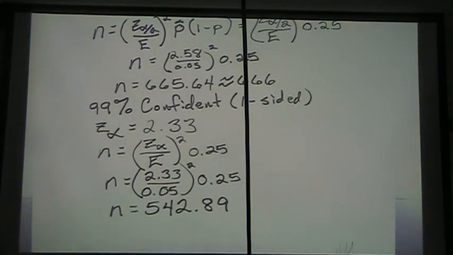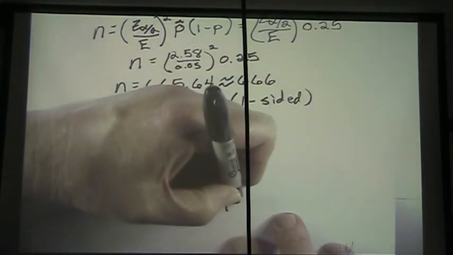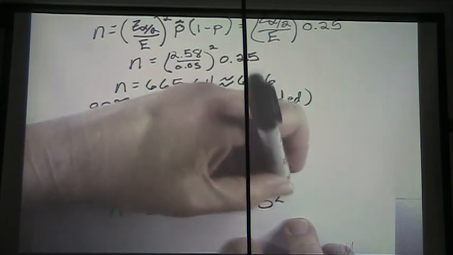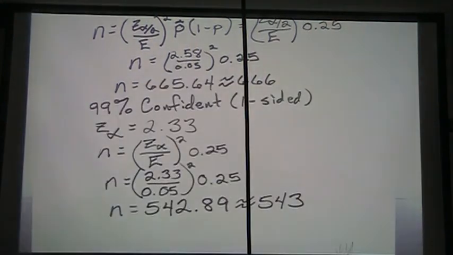But, of course, can we have 0.89 of a sample? No. No more than we can have 0.64 of a sample. So, we calculate that by rounding up to the next number, which is 543.